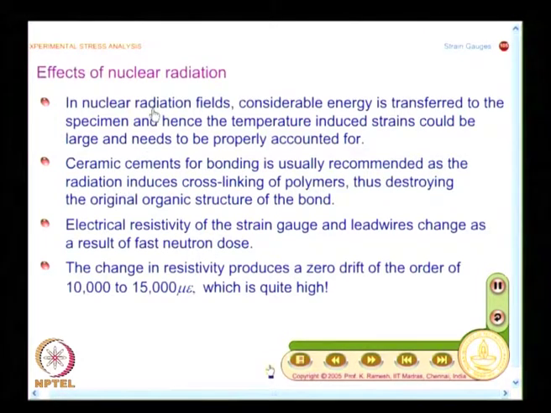It is prudent for me to measure the temperature at the point of interest, because considerable energy is transferred and the specimen is heated up. And the third effect is the electrical resistivity itself changes, and this change is not small, and the electrical resistivity change produces a zero drift of the order of 10,000 to 15,000 microstrain, which is very high.